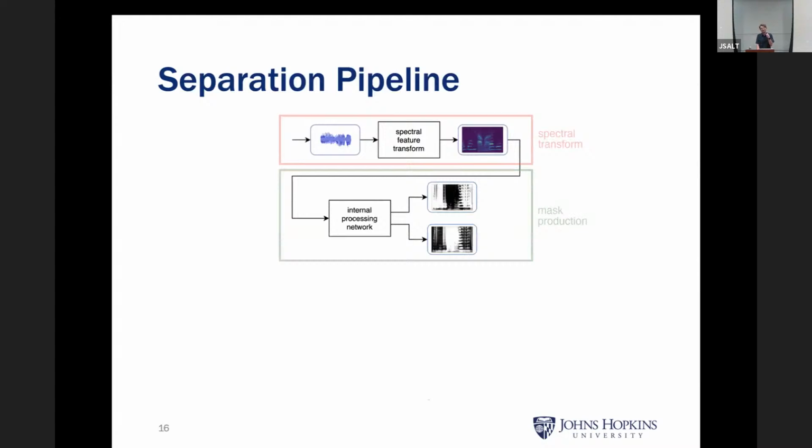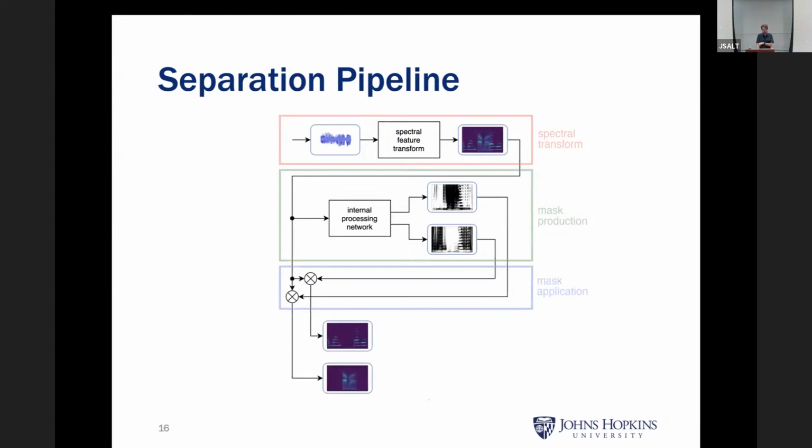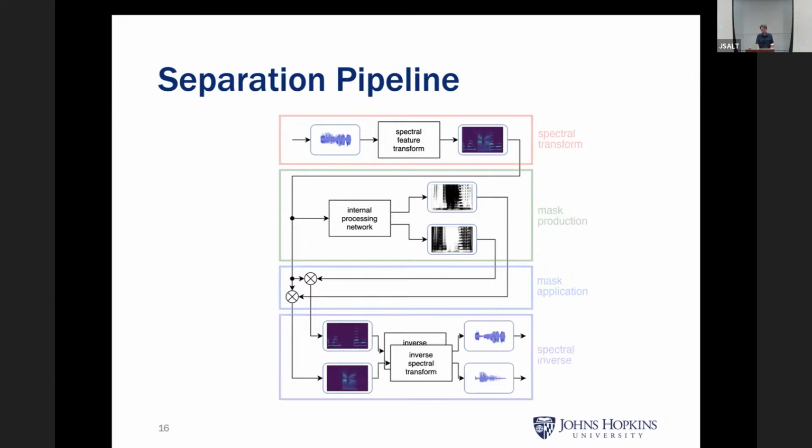Then you have a neural network that takes in this mixture and estimates masks for each of the sources. Next, you take these masks and apply them independently to the original input mixture and its spectral representation. And then finally, you invert your spectral transform to estimate the speech of the two sources.